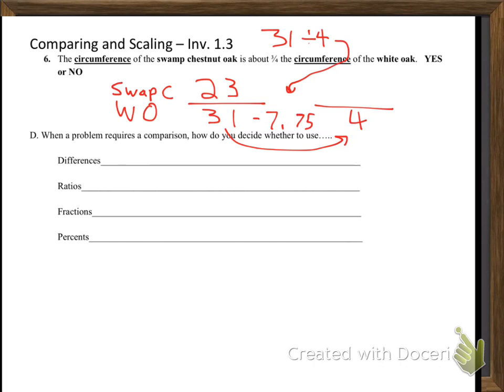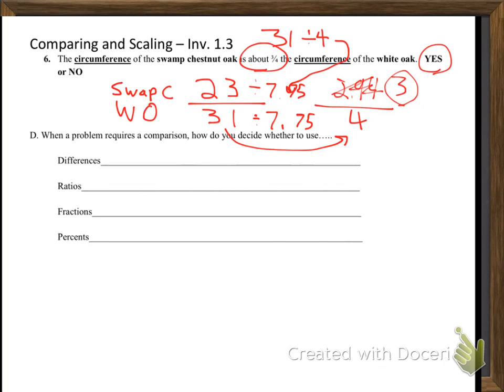Which means if I do the top and bottom by 7.75, if I do 23 now, divided by 7.75, I get 2.94, which essentially rounds to 3. So is it about 3/4?